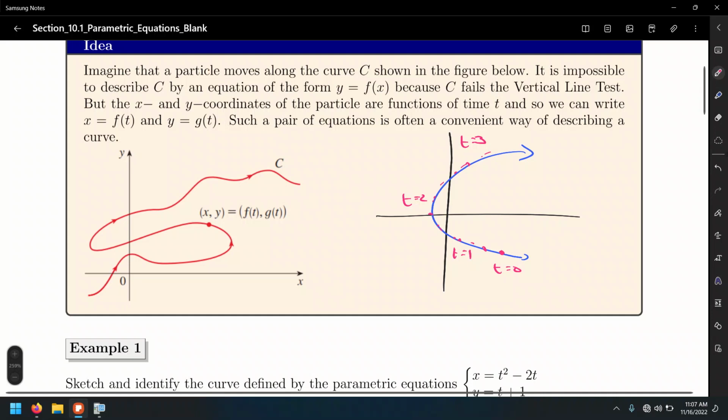So in this case, we have different ordered pairs at different times, and that's a good way around to describe this sideways parabola as a function.